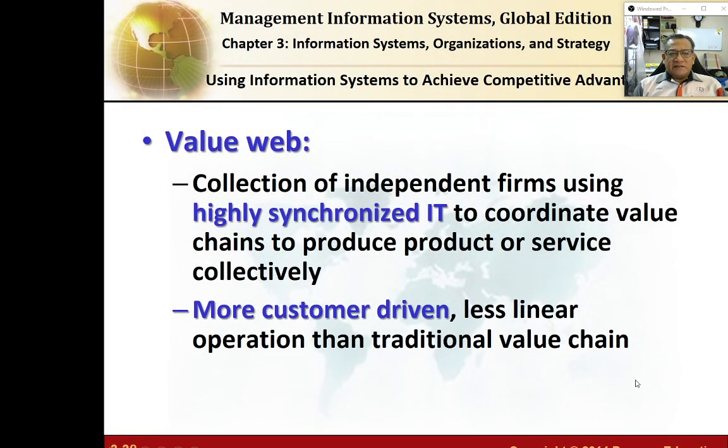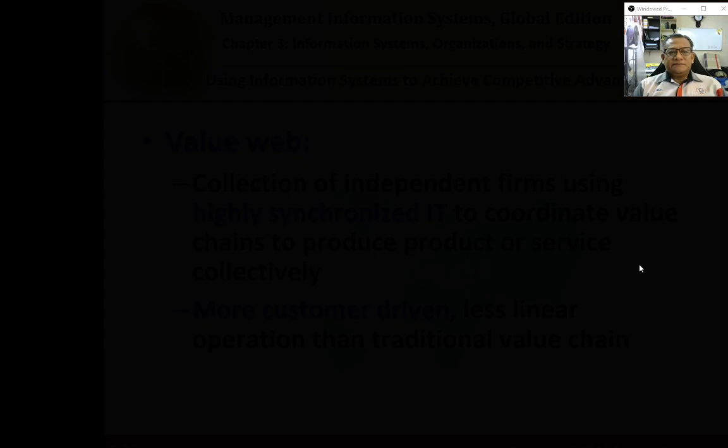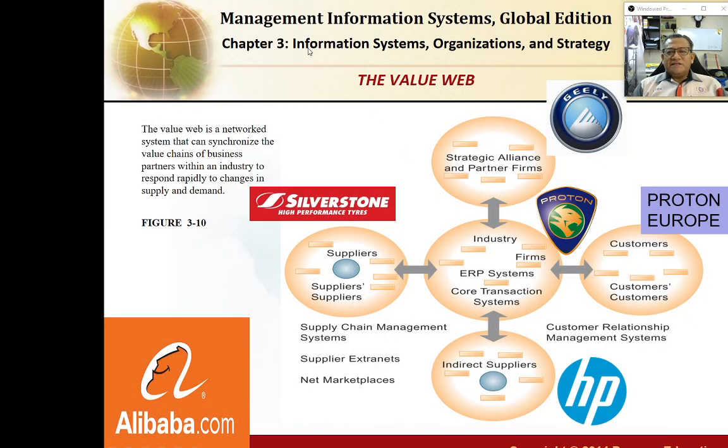Okay, and nowadays it is not only the physical relation for supply chain. We have also the value web, right? In the value web, all business processes are highly synchronized into a server, and it is networked from supplier to producer and even to customer or to a company in retailing, for example. Okay, this is the value web for Proton, for example.